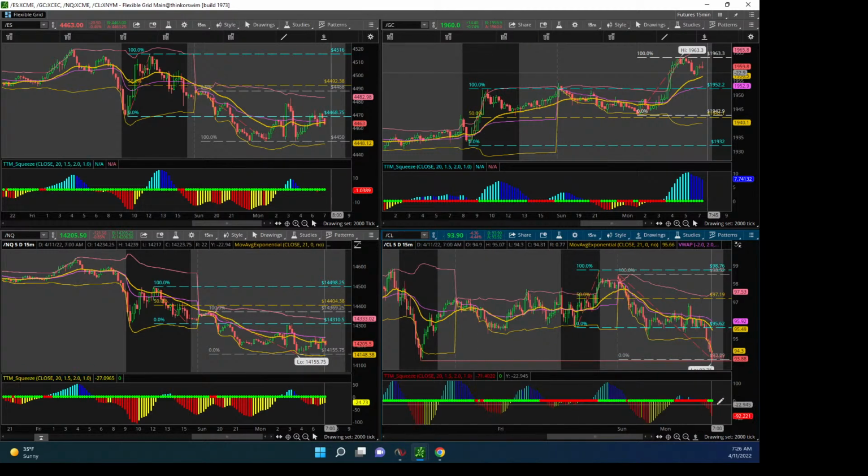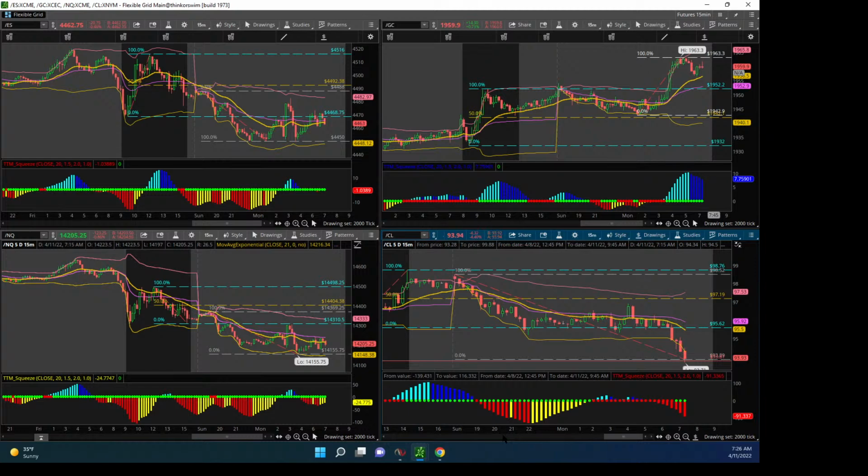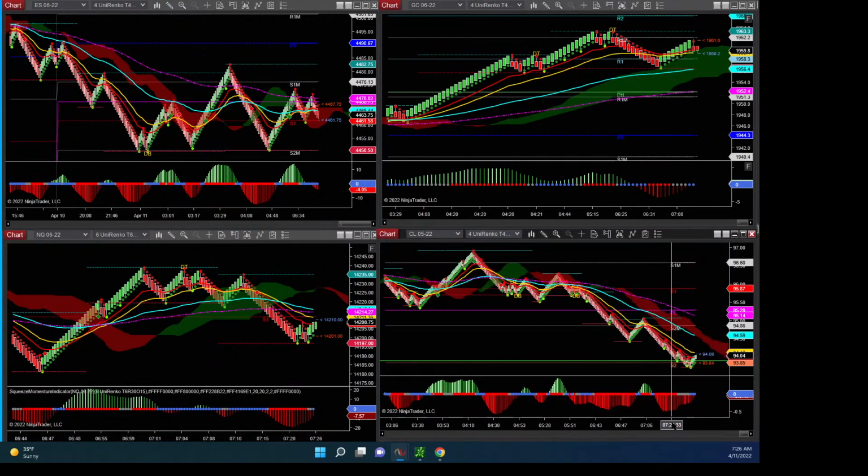It was already violated by a couple of ticks, and it's bouncing out of there. It's not a setup for me on that one, so I don't take reversals. This one could be a good setup. See that one there. I had it marked in this chart.